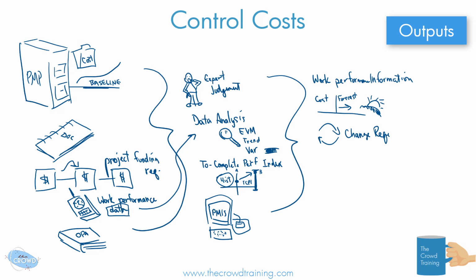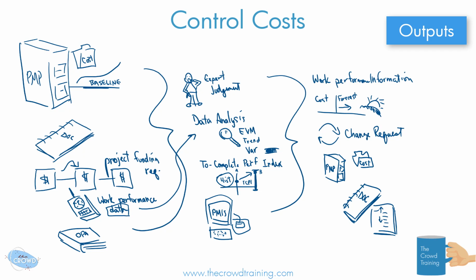We're not going to make the changes here because that's part of a different process, but we're going to request changes and we're going to update our plans, whatever plans need updating based on the decisions, what we've looked at, probably the cost plans, but could be any of the plans, as well as the documentation that we've been using throughout, like the lessons that we've learned and the assumptions that we've made, and maybe even the costs that we've estimated up to this point may have been so far off, good or bad or indifferent, and we should probably make changes in that cost estimation as well.